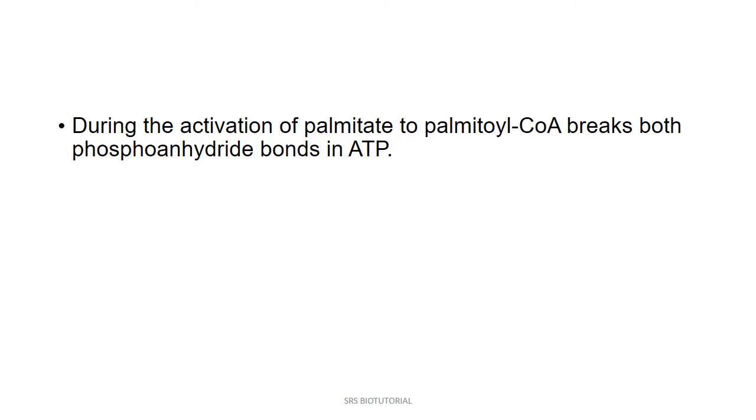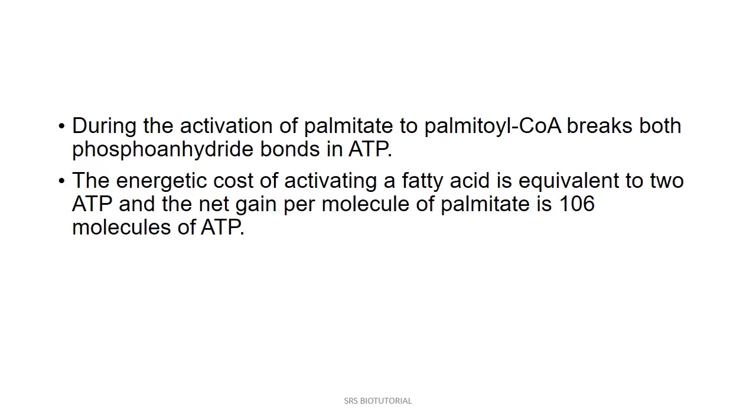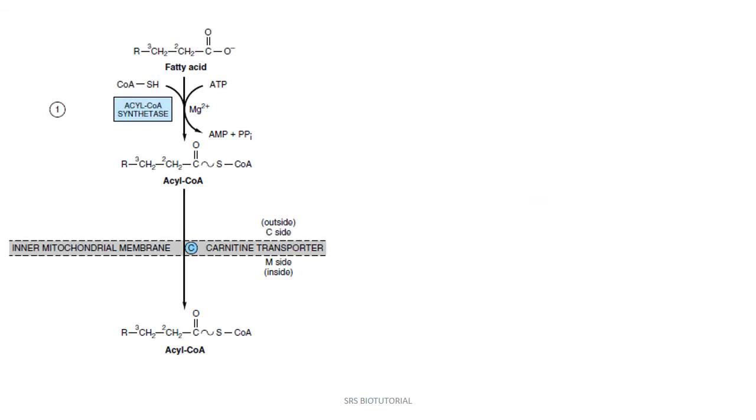Activation of palmitate to palmitoyl coenzyme A breaks both phosphoanhydride bonds of ATP. The energetic cost of activating a fatty acid is equivalent to 2 molecules of ATP. Then the net gain per molecule of palmitate is 106 molecules of ATP.